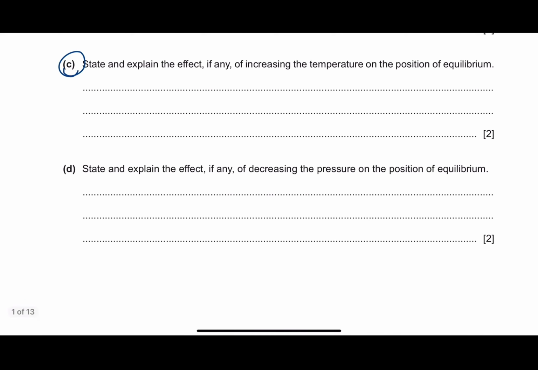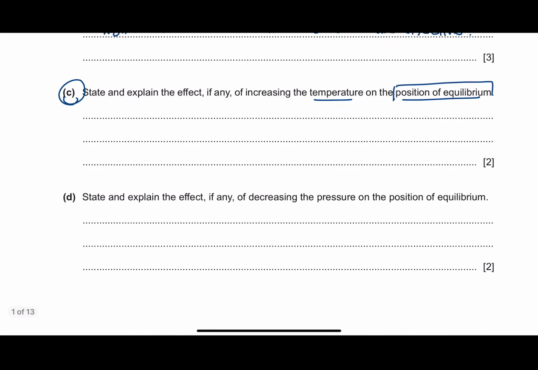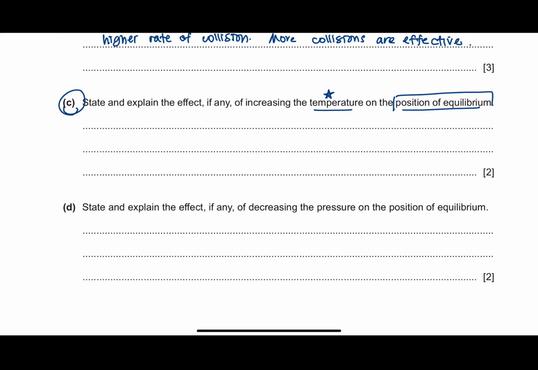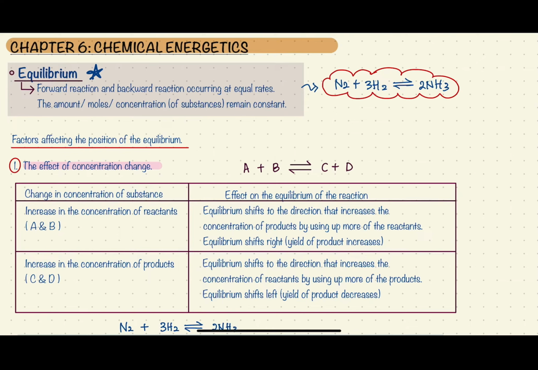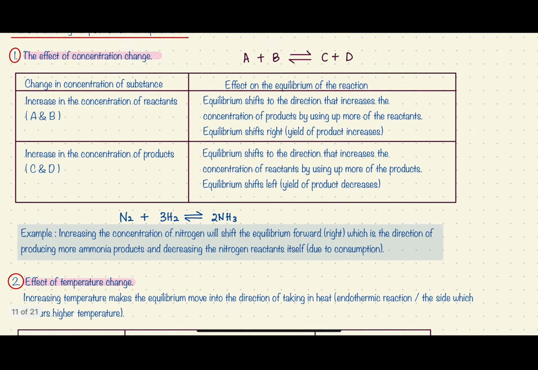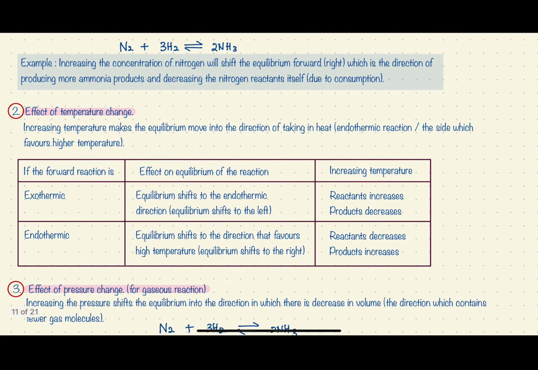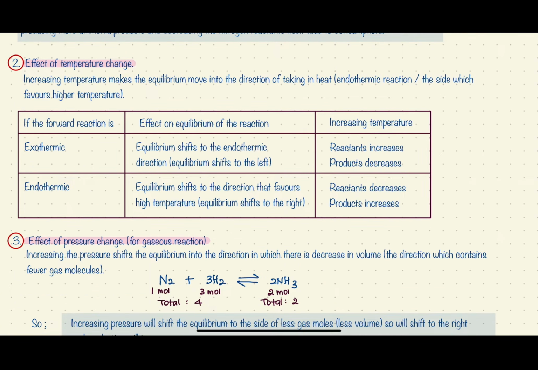So question C is regarding equilibrium. It says to state and explain the effect, if any, of increasing the temperature on the position of equilibrium. When it comes to temperature, the first thing you need to look at is whether the forward reaction is exothermic or endothermic. If you look back at the factors affecting the position of the equilibrium, the first thing you have determined is that this forward reaction is exothermic.